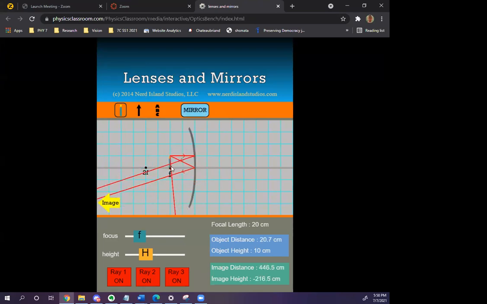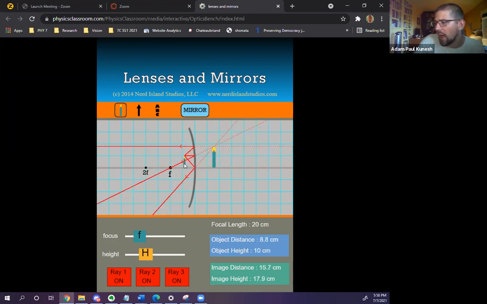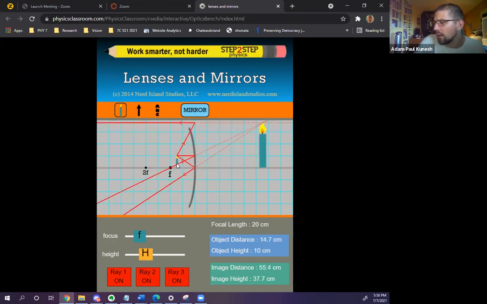Okay, great. So if I come inside the focal length, like I am in this problem, I can see this virtual image on the right. As I move further back, so as Lucy walks further back, that image grows larger and larger until eventually it's infinitely far away.